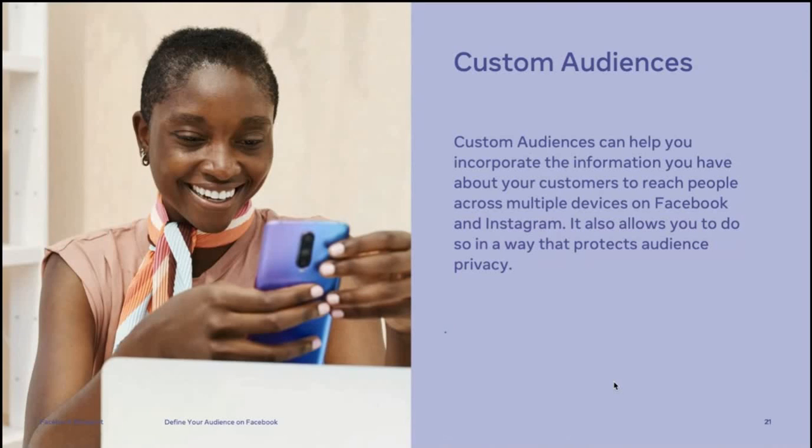Unlike core audience, which only uses information people share with Facebook, custom audience allows you to securely anonymize the information you share and combine it with similar anonymized information on Facebook. This process helps you reach existing customers on Facebook and Insta in a privacy-safe manner.